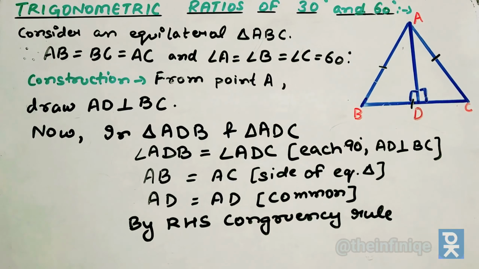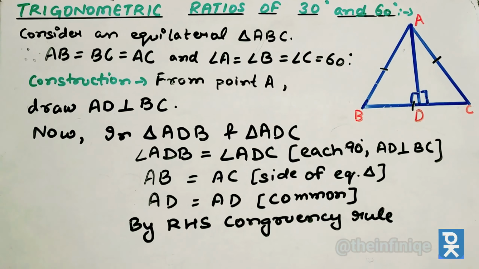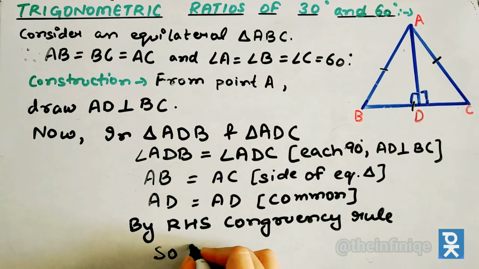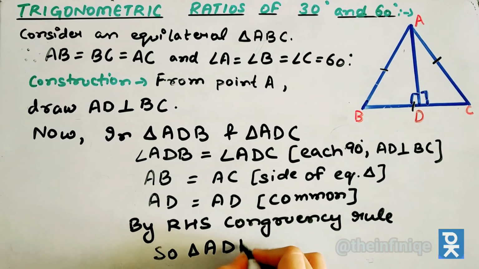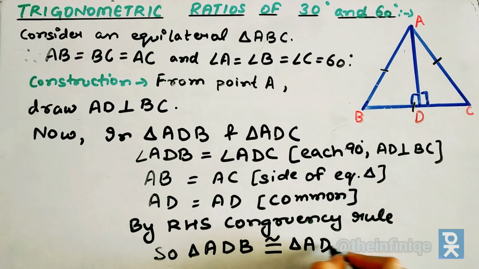by the right angle hypotenuse side congruency rule, you have already done this congruency theorem in your previous class, but if you have any doubt regarding this, you can message me on my social media links that I have shared in the description. So triangle ADB is congruent to triangle ADC.